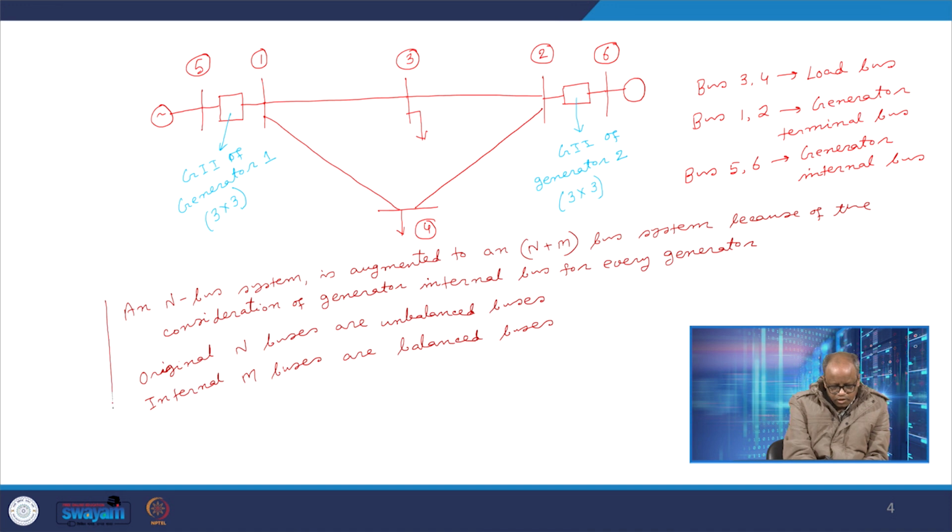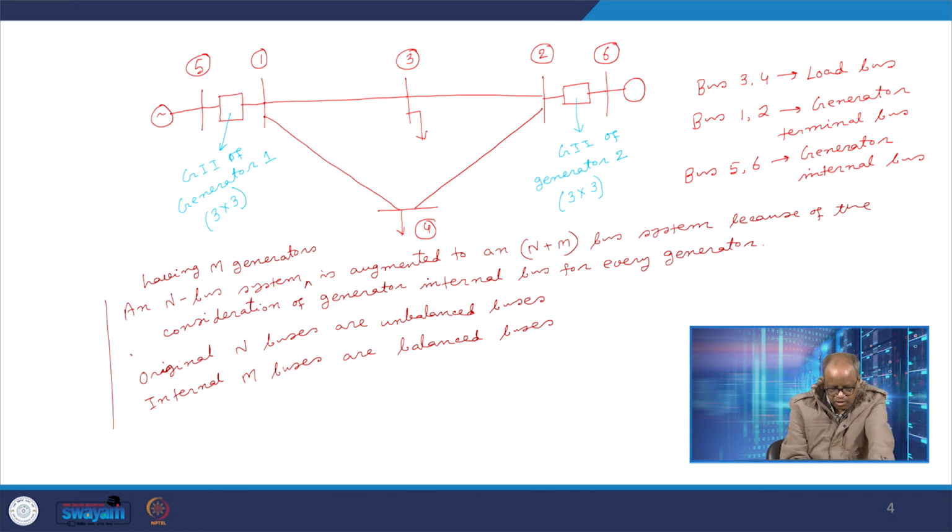Right. So what we have discussed is that an n bus system having m generators is augmented to an n plus m bus system because of the consideration of a generator internal bus for every generator.